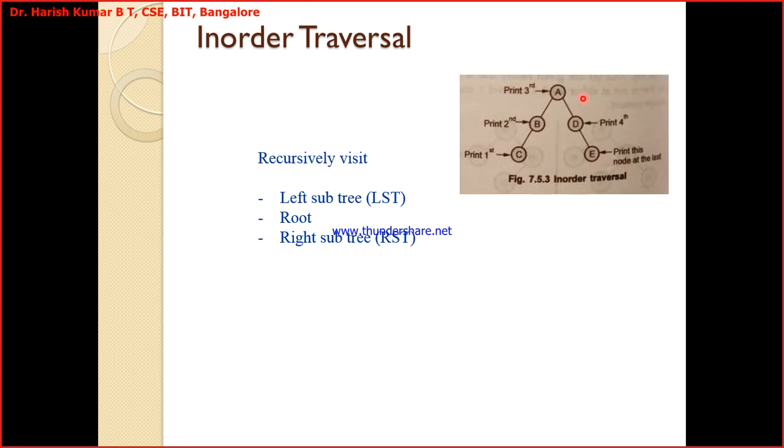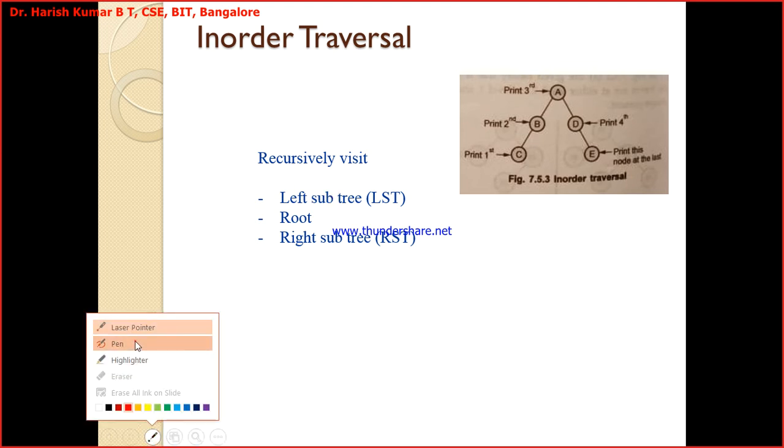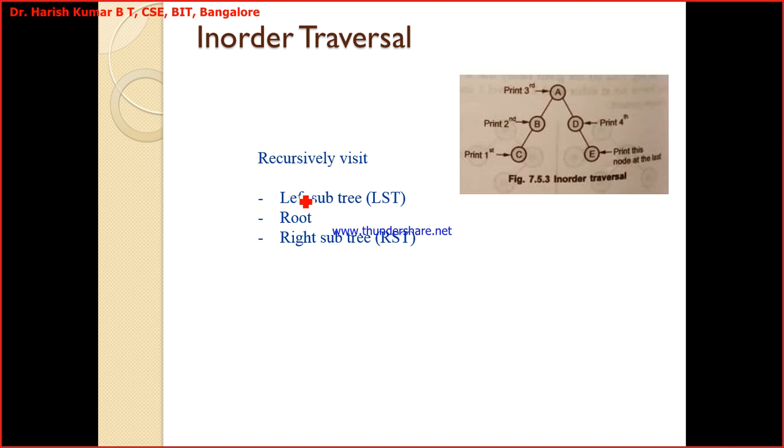Now here is a simple binary tree we have taken, and we'll try to traverse this simple binary tree using the Inorder Traversal, by applying this. I'll take a pen. As already mentioned, you have to traverse the given tree in this order. First, recursively visit the left subtree, and then the root, and then the right subtree.